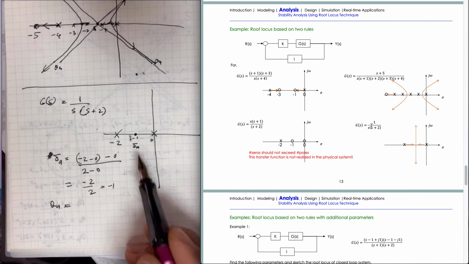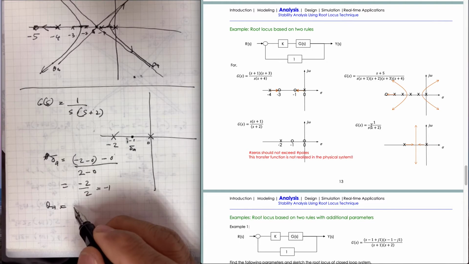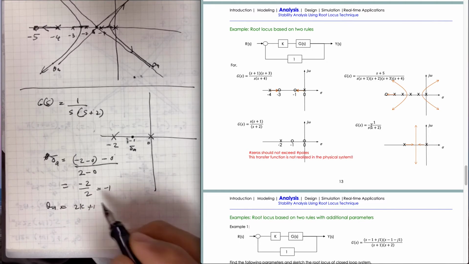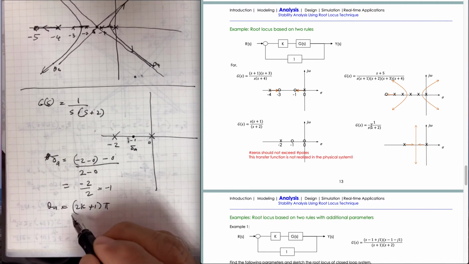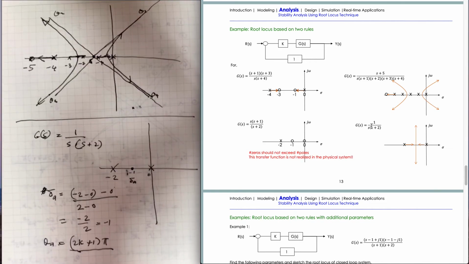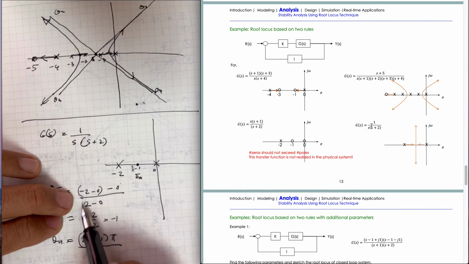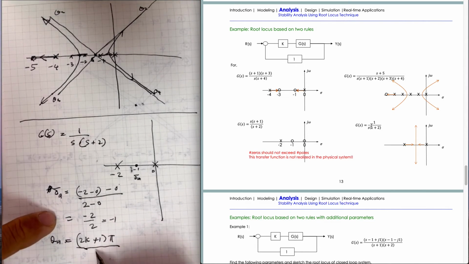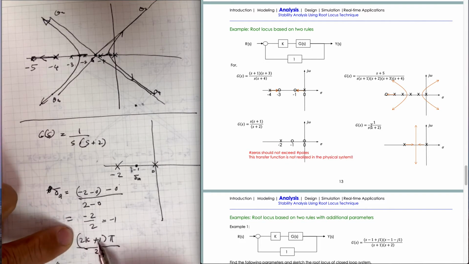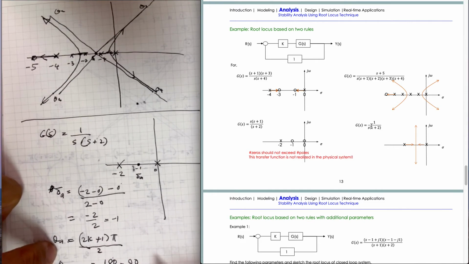We know that from here we have two angles only, right? So this is 2k plus 1 times 180, and we need to divide by the number of poles minus zeros here, so this is 2. Theta 1, k equal to 0: 180 divided by 2, so we have 90.